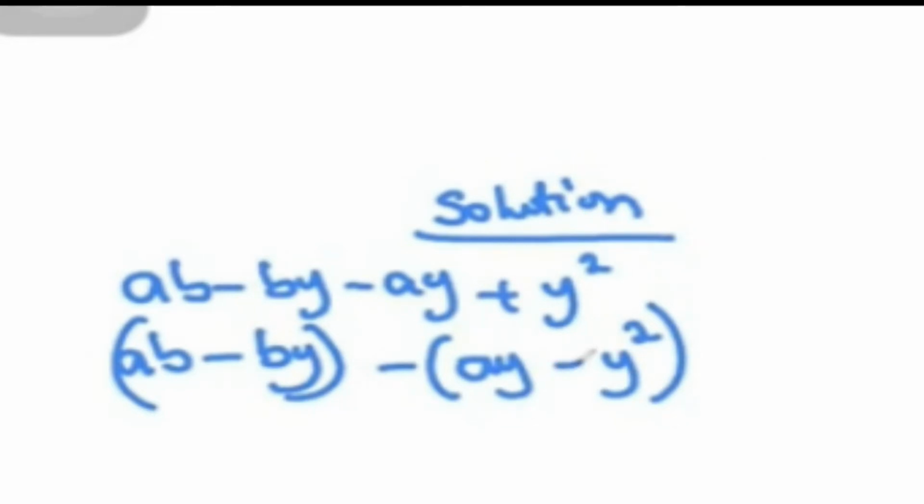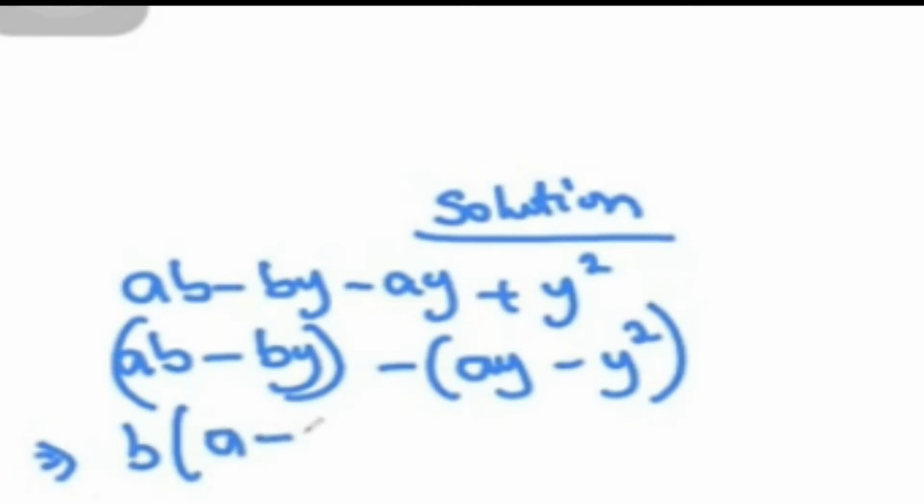Do you understand it? Times this will give us negative ay. Negative times negative will give us the positive y squared. Are you okay? You first of all have to put everything in brackets, group them into 2 before you factorize out. So that is how it's going to be. What do we do again? We factorize out a and b. Excellent. So this will give us b, and what will be left over here?